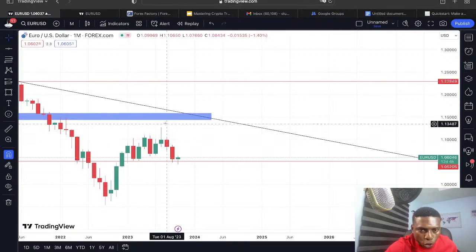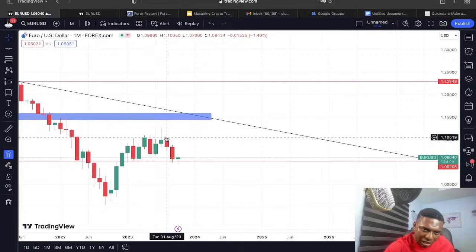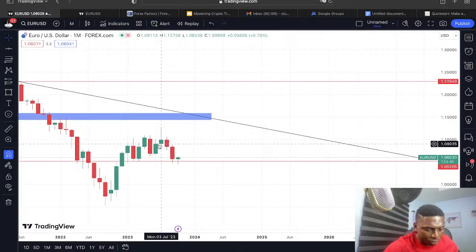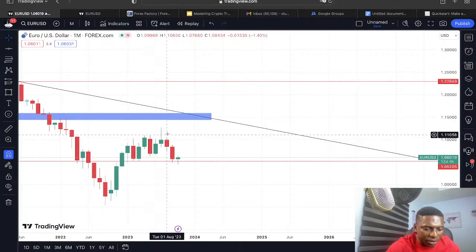What's the name of this candlestick? This candlestick with a long wick upwards and a smaller body. I'm waiting for someone to tell me what the name of this candle is.